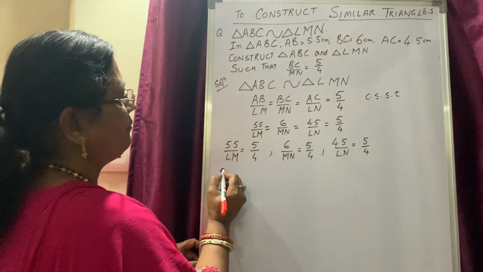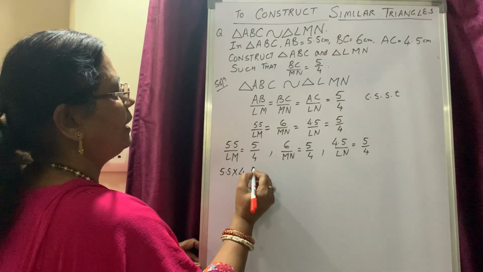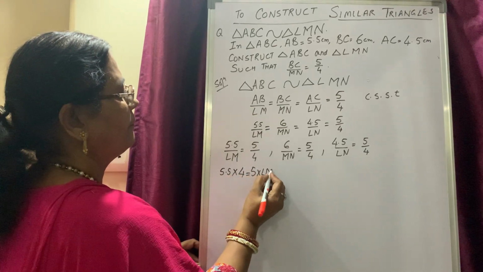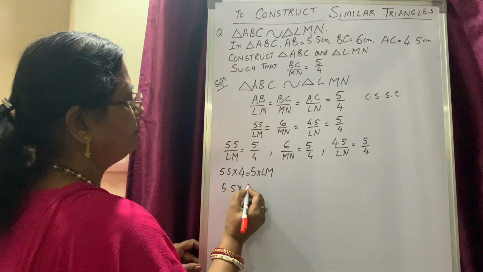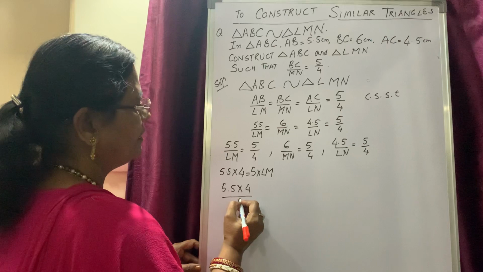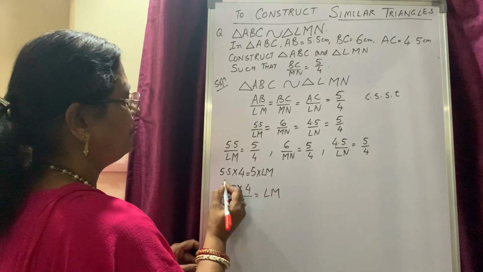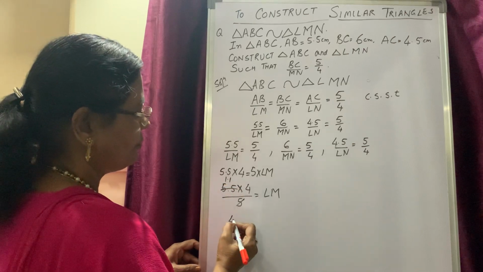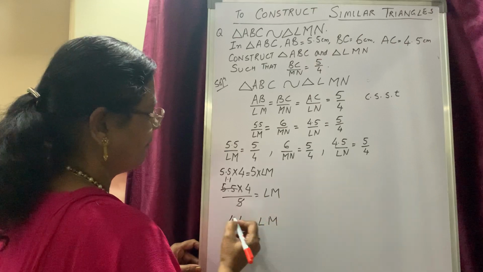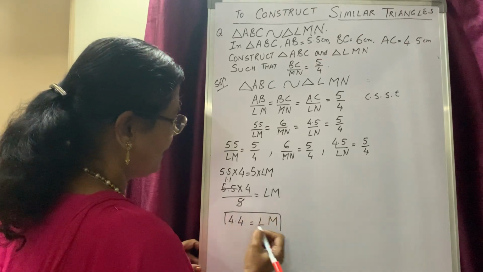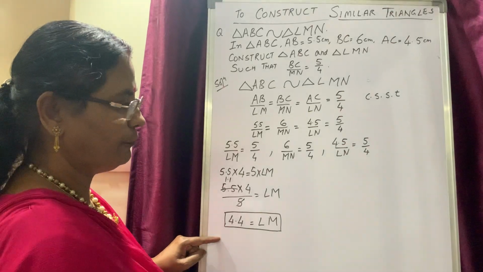We will get 5.5 multiplied by 4 equal to 5 into LM. Therefore 5.5 into 4 upon 5 is equal to LM. Dividing, 4.4 is equal to LM. So one side of triangle LMN, that is LM side, we have obtained as 4.4.